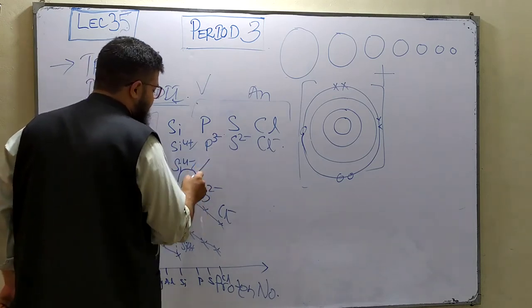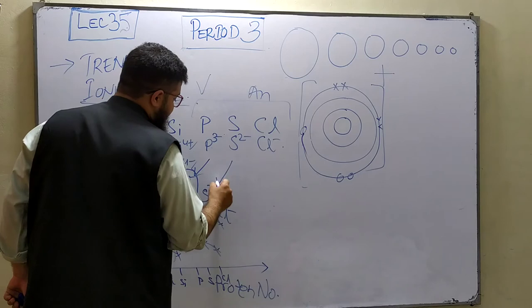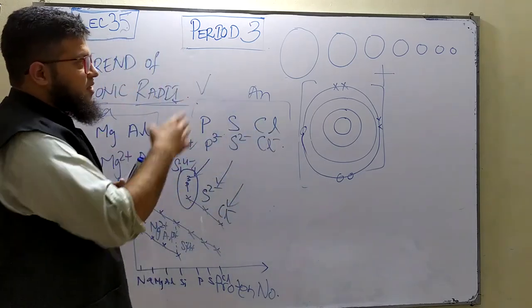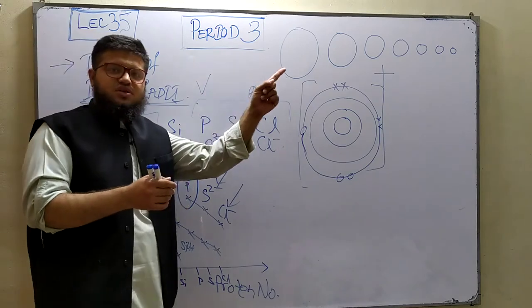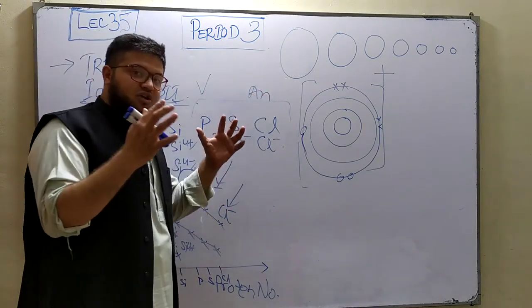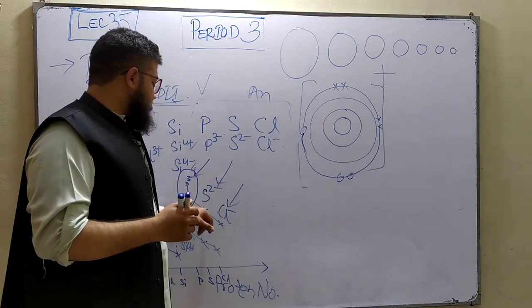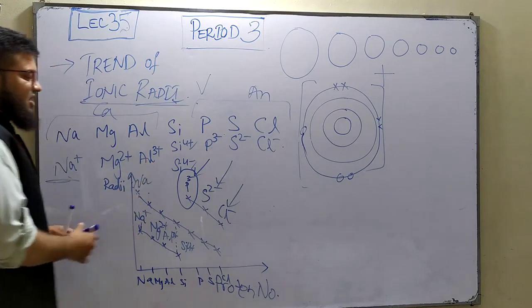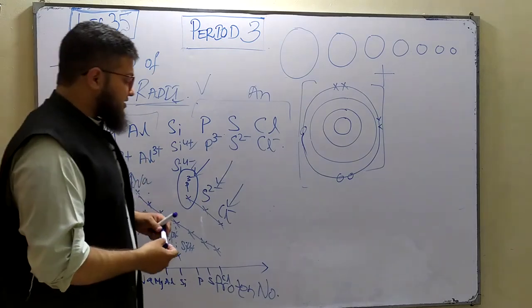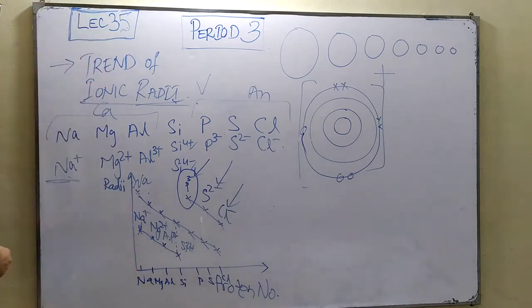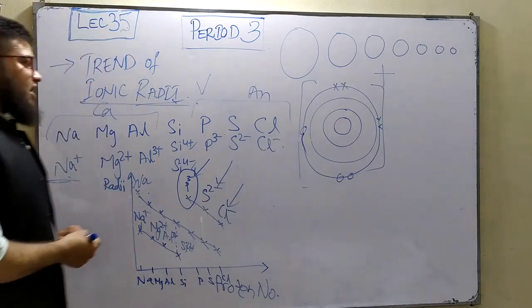It's the phosphide ion, then followed by sulfide and then chloride, and the reason remains the same: as we go across the period, the nuclear charge is increasing, so the pull on the electrons by the nucleus will keep on increasing, due to which the radius will decrease as we reach chloride. Argon has been omitted because it is a noble gas and an exception. And this sums up the ionic radii.